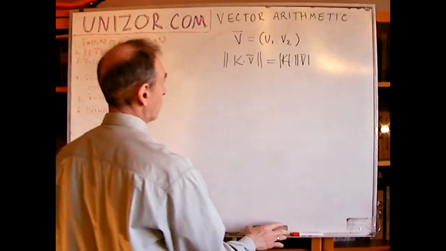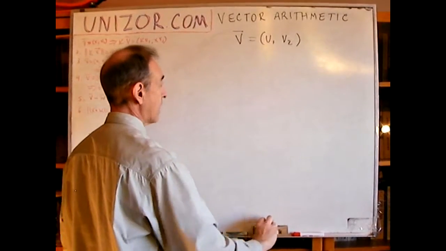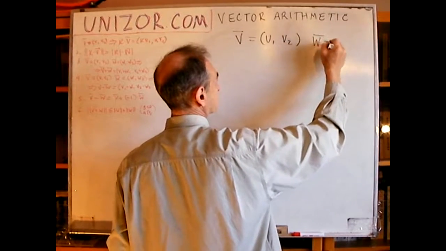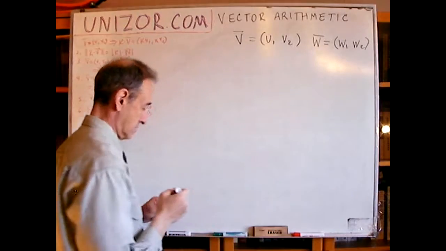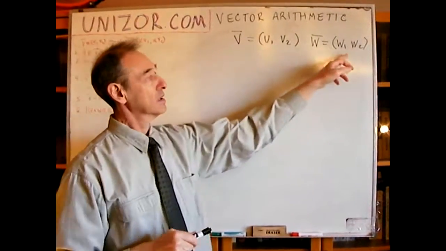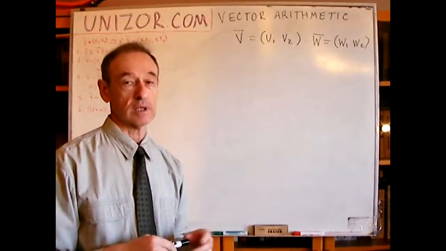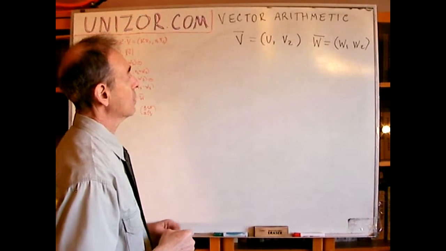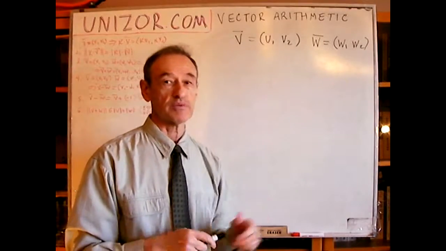Okay, now what happens with coordinates of the vectors when we add them up? Let's say you have two vectors, v and w, in tuple representation. And again, I'm using the two-dimensional case because it's easier to draw. Basically, it's the same for any dimension. So, what happens with the tuple representation of the sum of these two vectors?